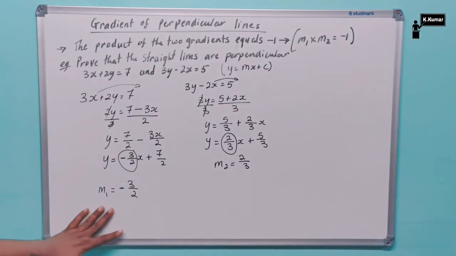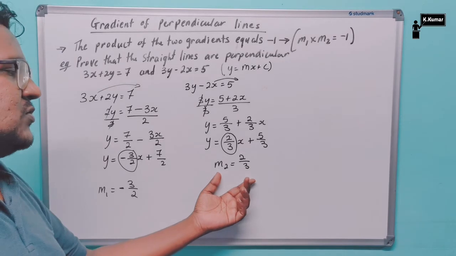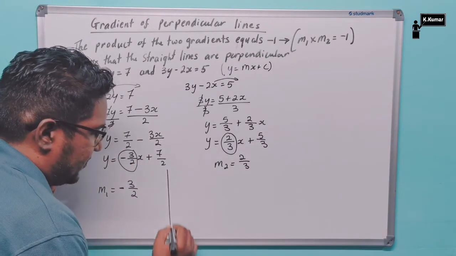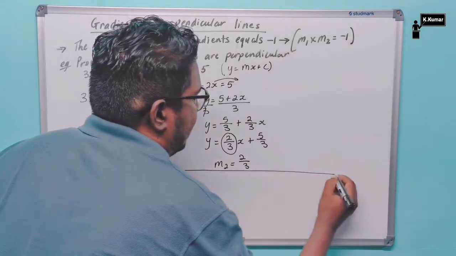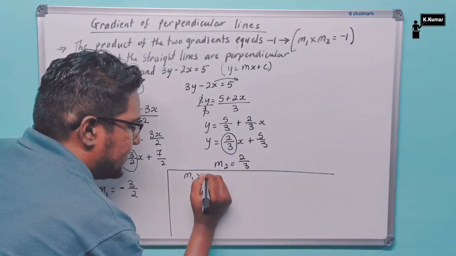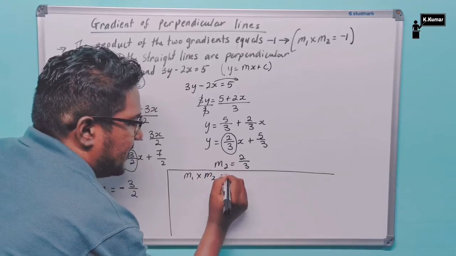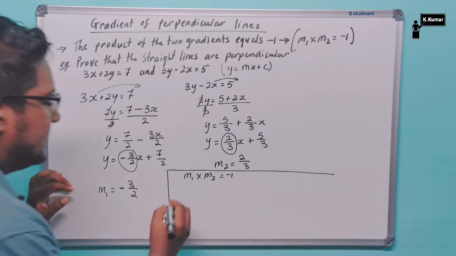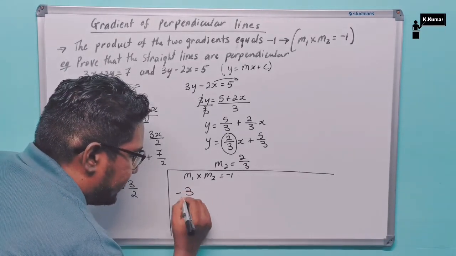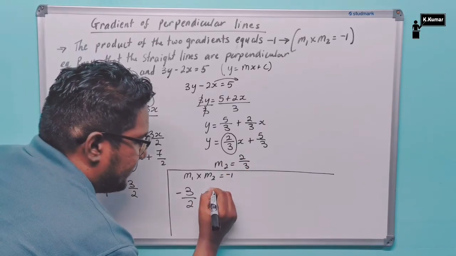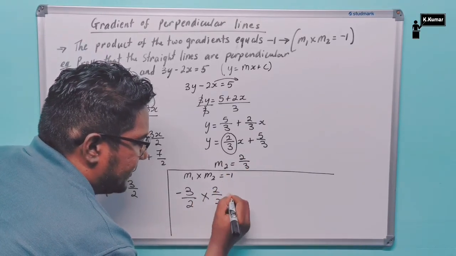Now we have m1 is negative 3 over 2 and m2 is 2/3. Let's try to use the rule to see if they are perpendicular. And the rule is m1 times m2 must equal negative 1. So we found that m1 is negative 3 over 2 multiplied by m2, which is 2 over 3.